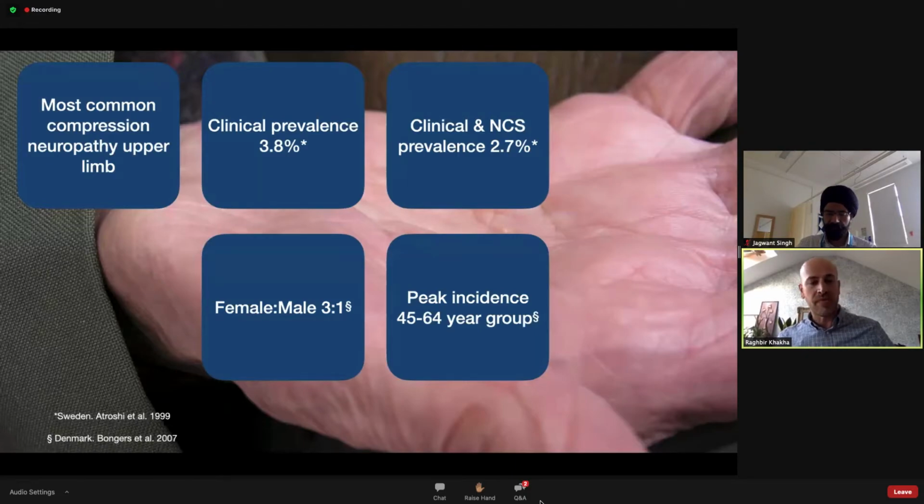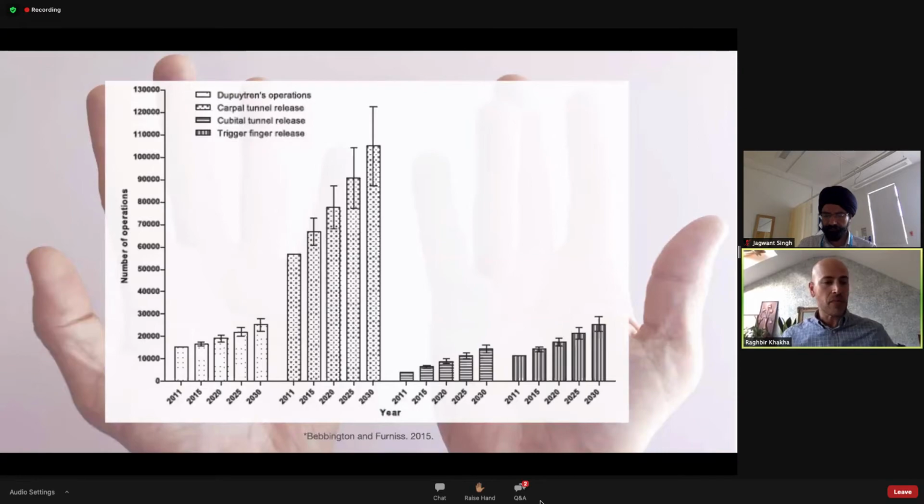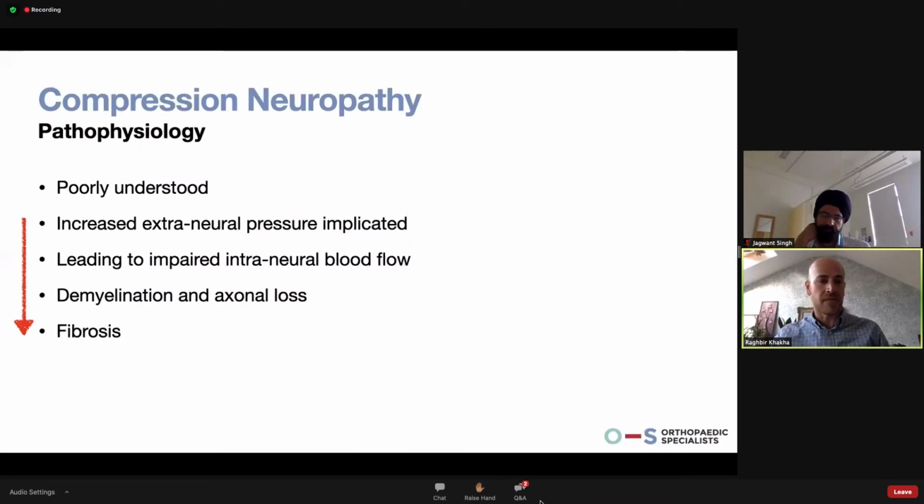It's more common in females at a ratio of 3 to 1, and a peak incidence is around the 45 to 64 year age group. We are seeing an anticipated increase in the prevalence, according to work coming out of Oxford, not only in carpal tunnel problems, but also cubital tunnel, trigger finger, as well as Dupuytren's disease. So increasing workload is anticipated from this.